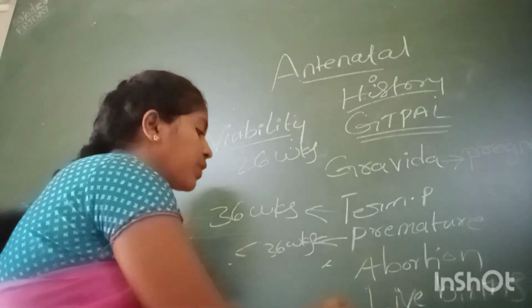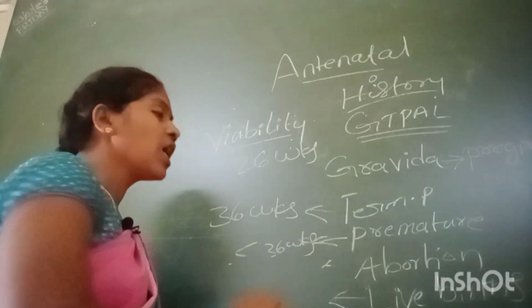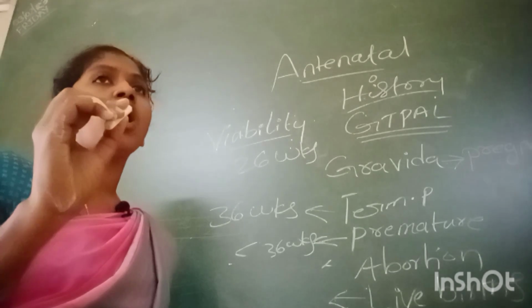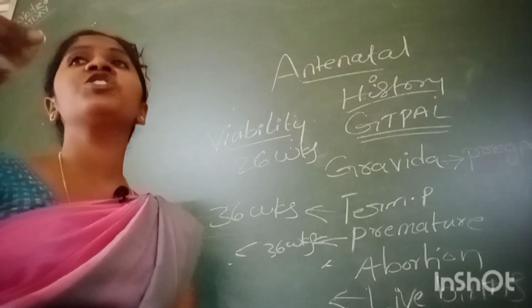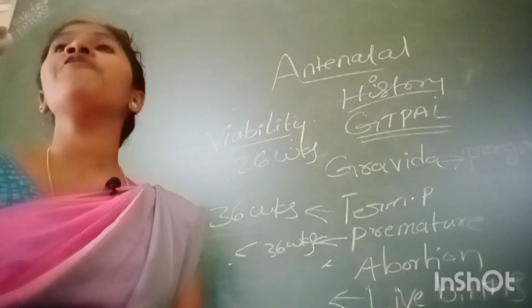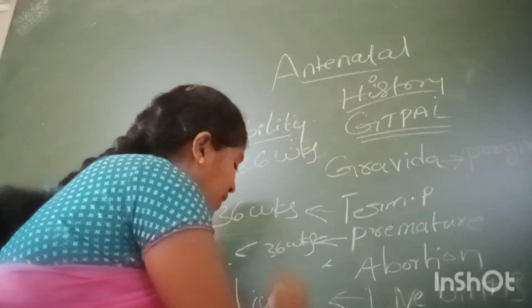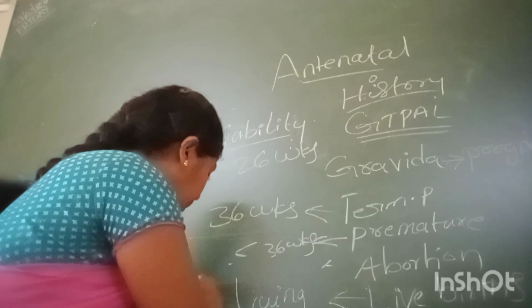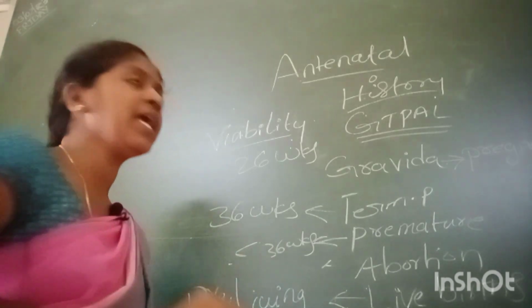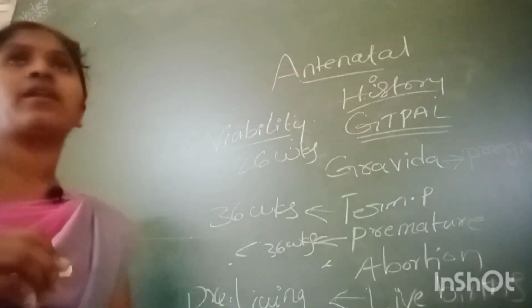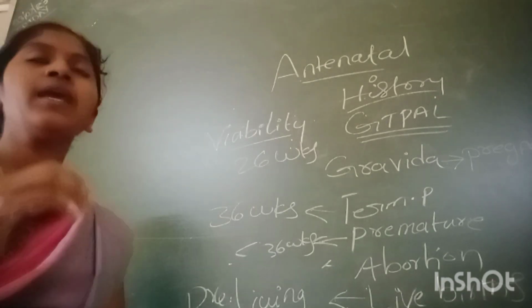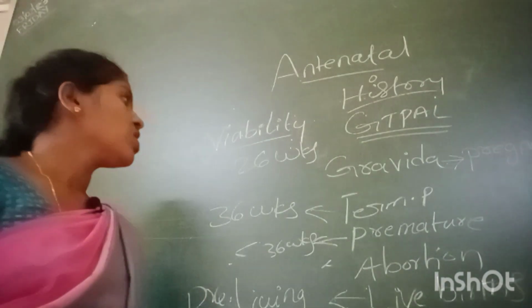Live births means how many live births the pregnant woman has given, or living children. We can call it the number of presently living children.